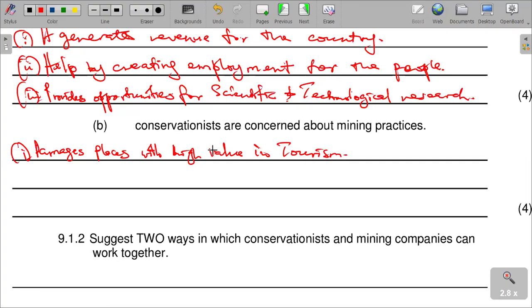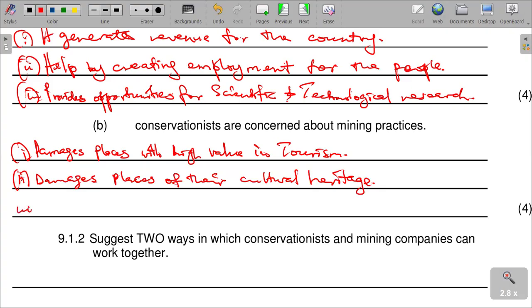Also, it damages places of cultural heritage, which is also a concern for conservationists.